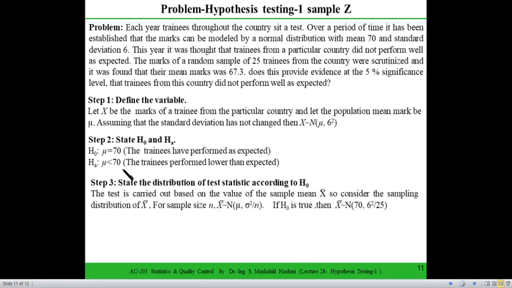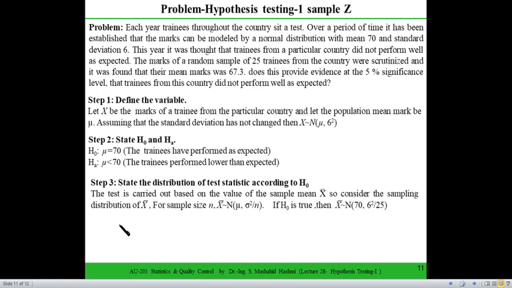In the third step, you need to state the distribution of the test statistic according to the null hypothesis. The test is to be carried out based on the sample mean x bar. Here mu is the population parameter, whereas x bar is the sample mean.